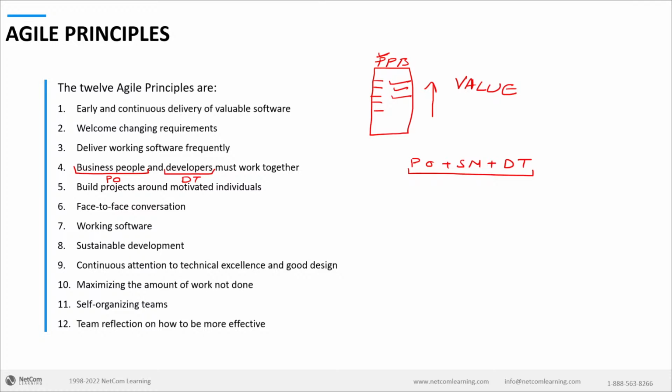Build projects around motivated individuals. Now, see, changes are going to happen very frequently. So in short, you would be working in an environment which may be referred to as turbulent. So you need people who are willing to collaborate and contribute. In Agile, we try to restrict the team size as well.